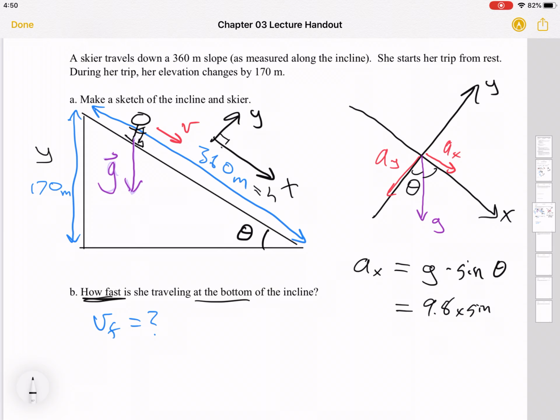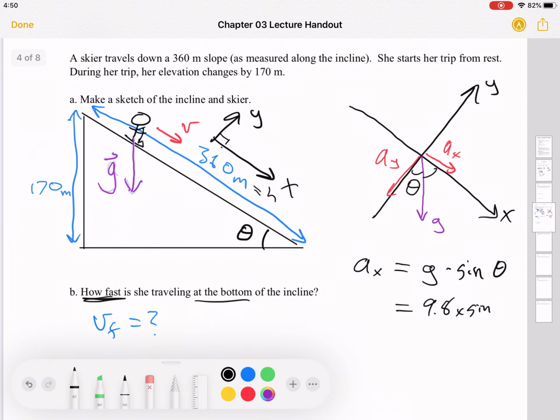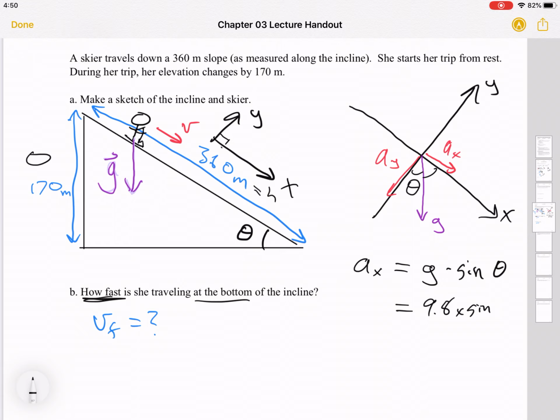This is the hypotenuse. Really, I could say y, but that's actually the opposite. Let's say opposite. So opposite and hypotenuse, that's a sine, right? So sine theta is actually going to be 170 over 360. I could actually calculate what theta is. It's the arc sine of 170 over 360.